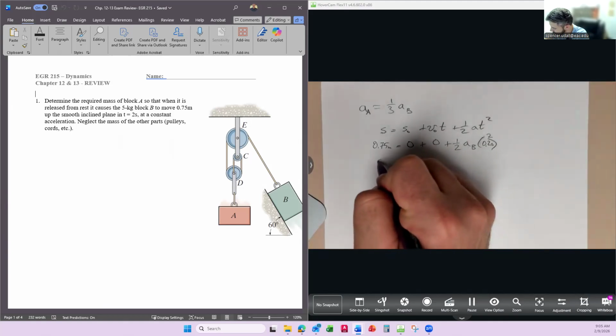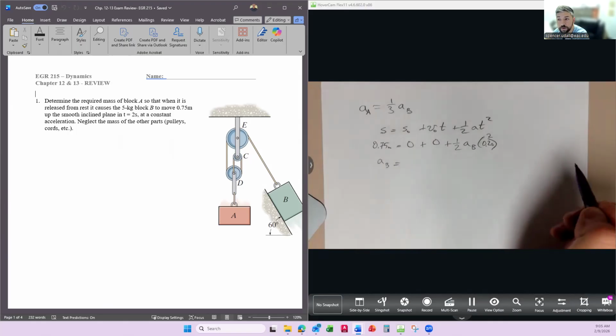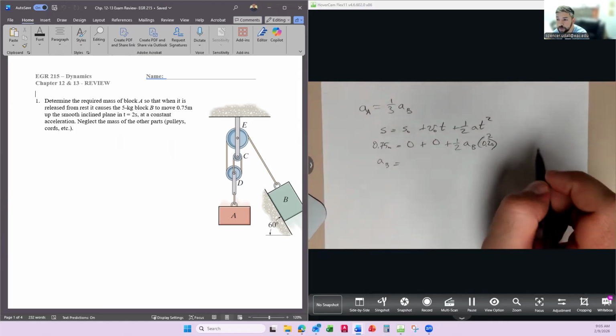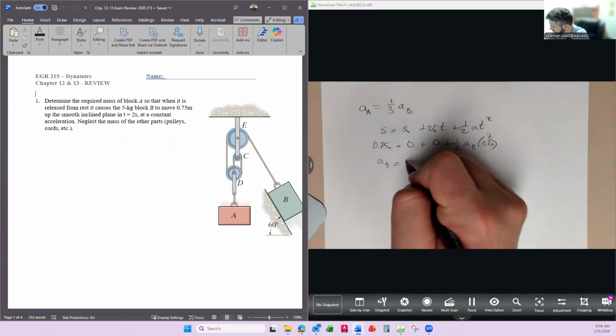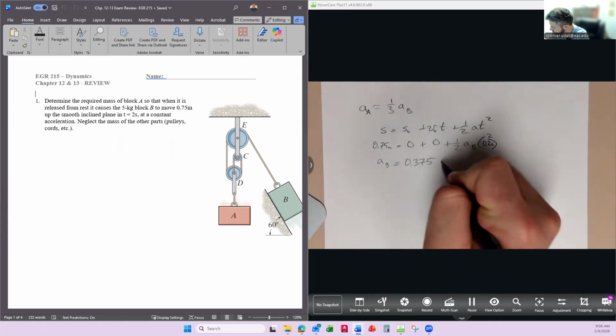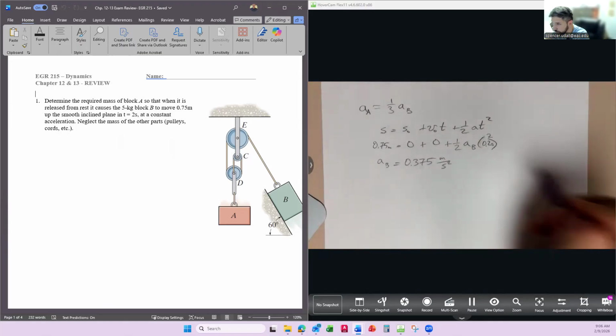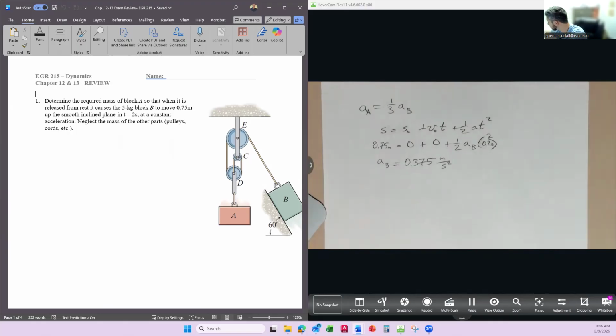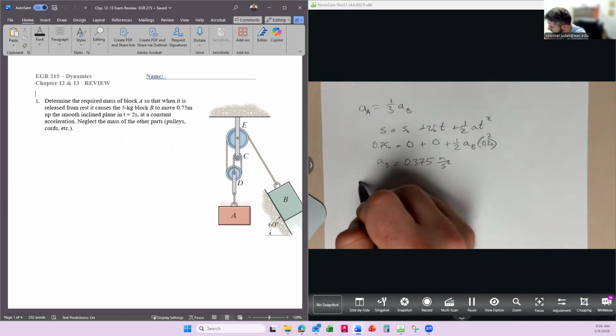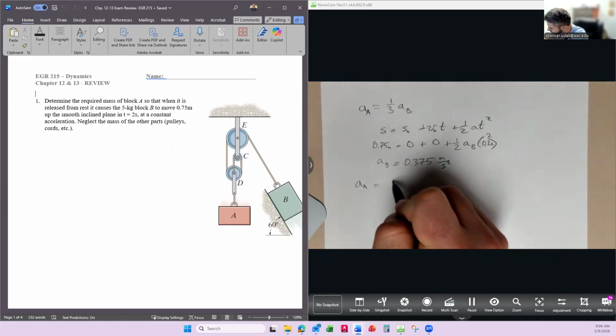With that we can solve for AB. So AB would come out to 0.375 meters per second squared. So far, so good. Then AA has to be 1/3 of that.